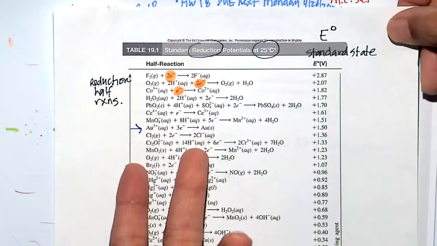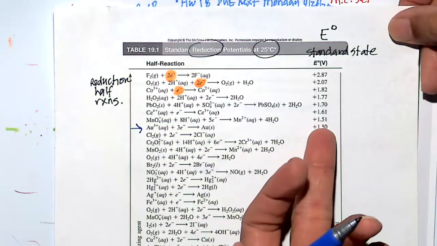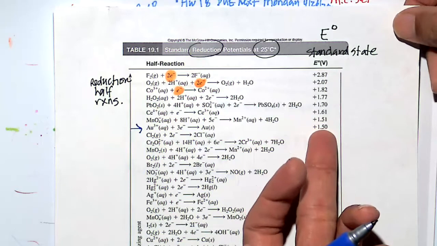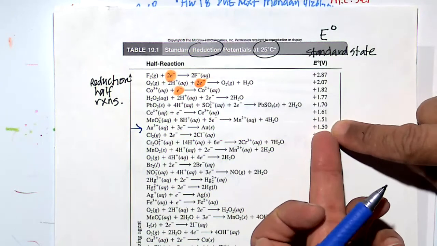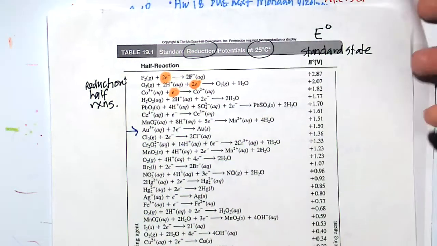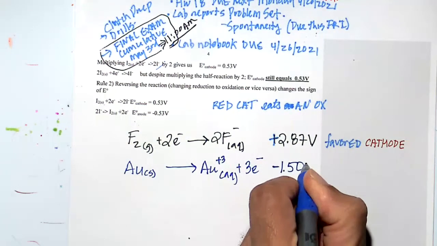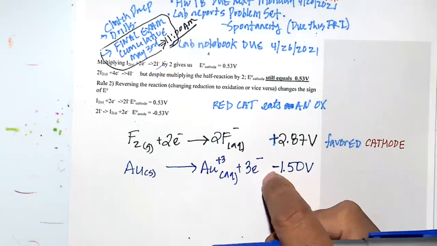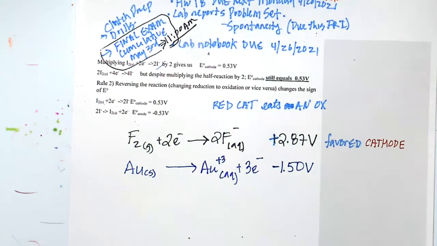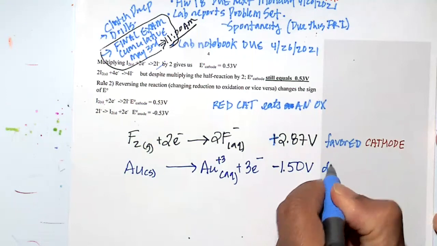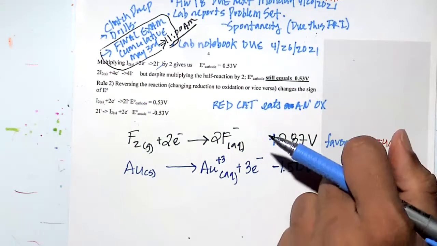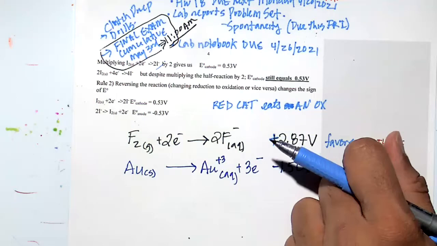Because I flipped it, this is the important point, you flip the sign. So instead of positive 1.50 volts, what will it be? Negative. Is this negative 1.50 volts favored or disfavored? We don't think of negative voltage, so that's disfavored. It does not favor the products. You agree it favors the reactants.